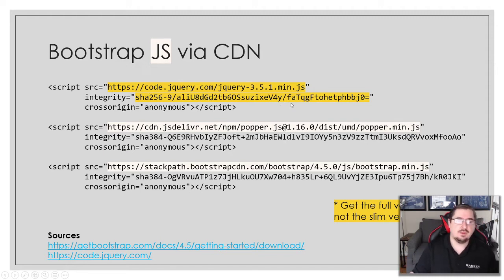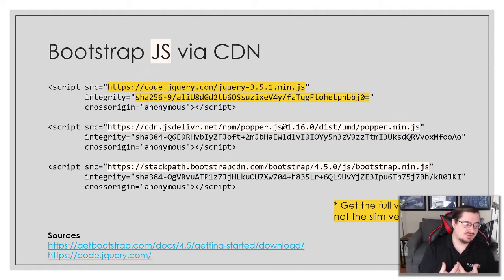Do note here, if you're looking at the official documentation of how to install Bootstrap, they will tell you to use the slim version, which doesn't include everything from jQuery. It's a trimmed down version of jQuery.